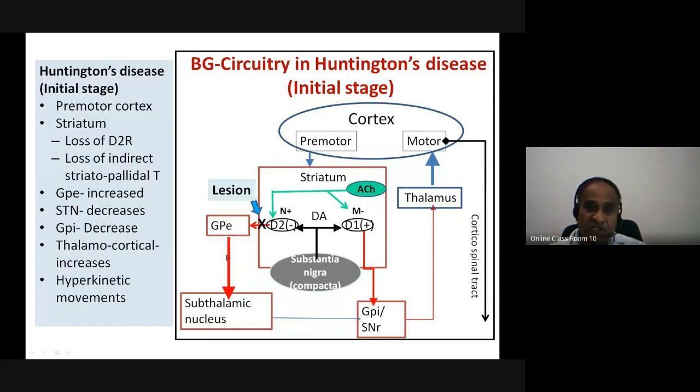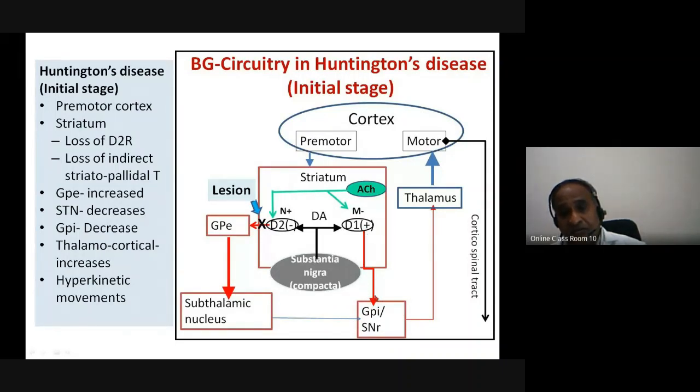If the input to the GPE is diminished, the output of GPE increases. Now, the output of this GPE is coming to the subthalamic nucleus, and whatever output goes from the subthalamic nucleus to GPI is diminished or decreased. And the GPI receives both the direct pathway and indirect pathway.